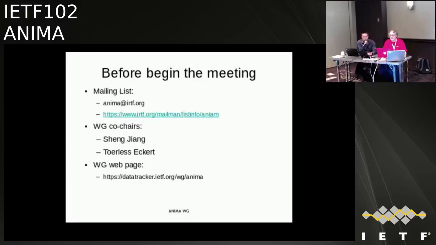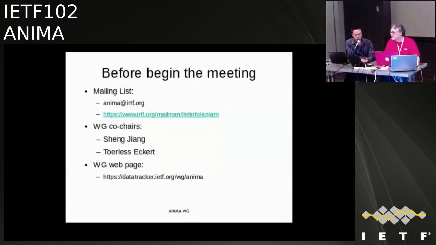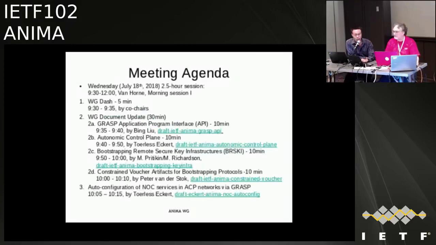As usual, the main working place for an IETF working group is the mailing list, so keep discussing on the mailing lists. This meeting is chaired by myself, Xing, and Toerless. This is the meeting agenda.